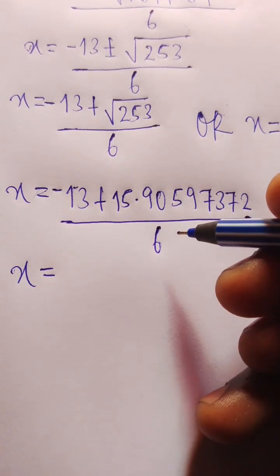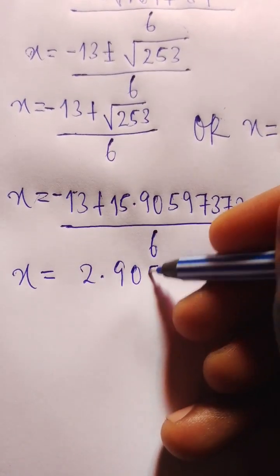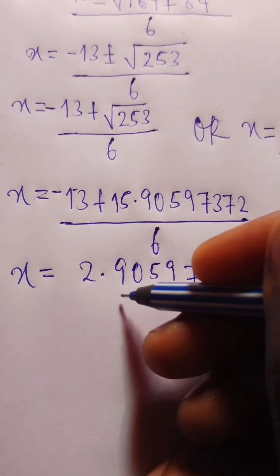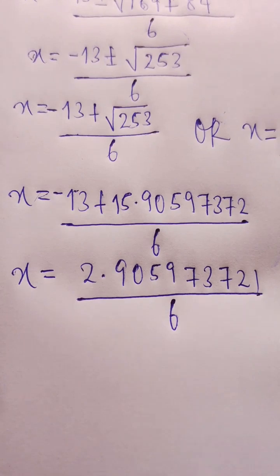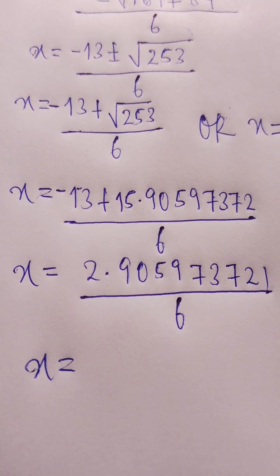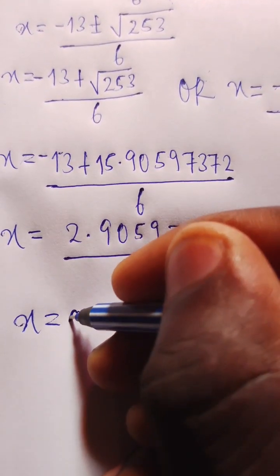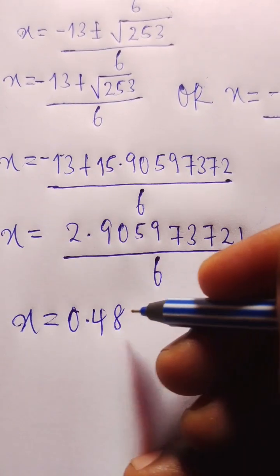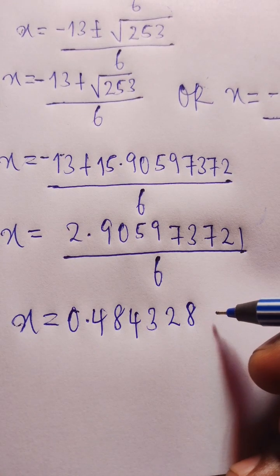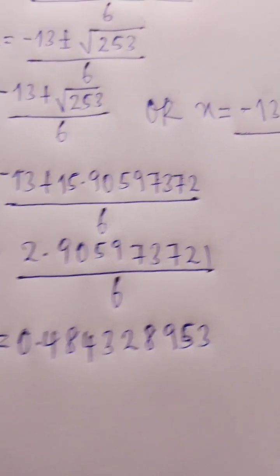So that is giving us 2.90597372 over 6. So x will be equal to, we'll divide this value by 6. So the answer is giving 0.484328953.